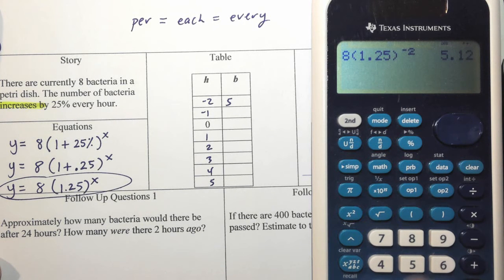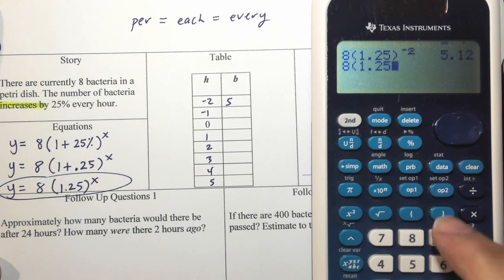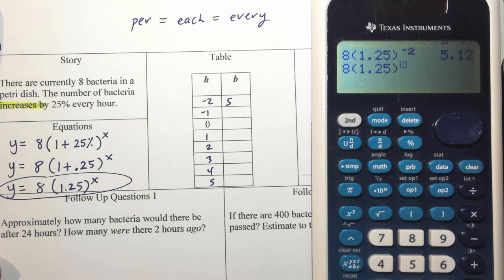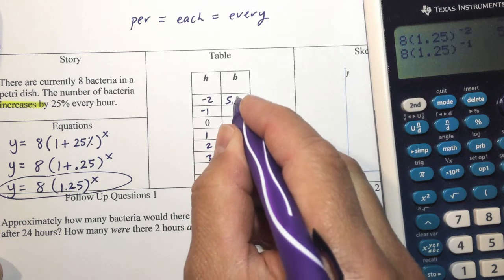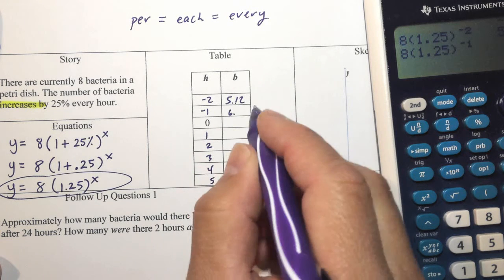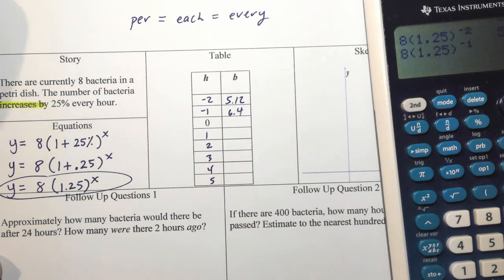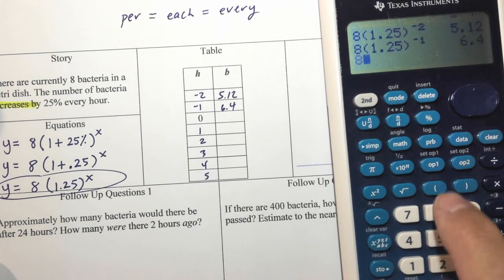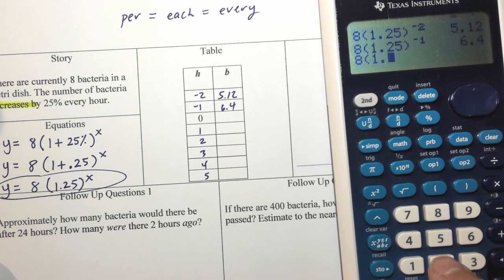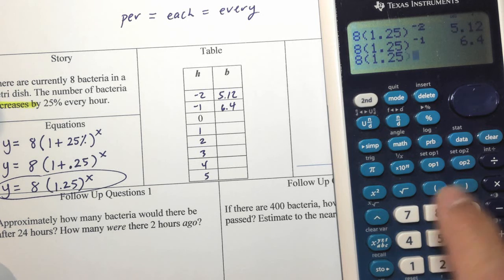And how about 1 hour ago, how many bacteria were there? 6.4. Okay, the math teacher in me cannot do it. I was gonna leave it whole numbers, but I just can't. 8 times 1.25 to the power of 0.